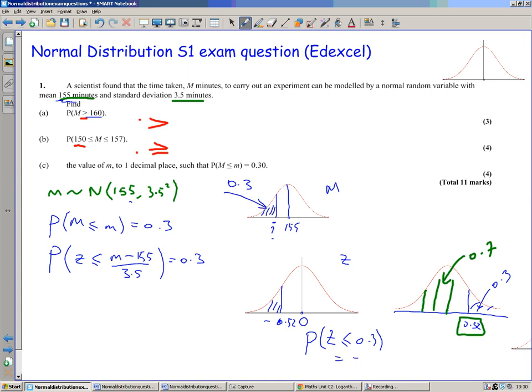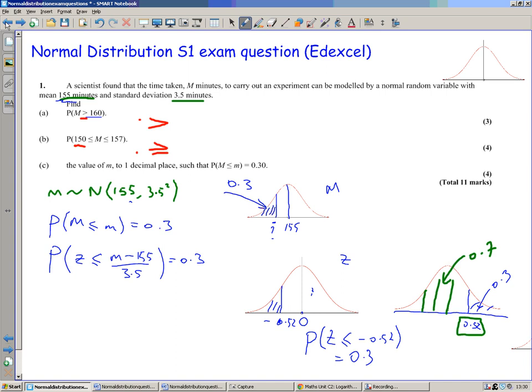Oh, wrong way around. That diagram is telling us that. That's what we fiddled around to find. This diagram here is telling us that the probability that z is less than or equal to minus 0.52 is 0.3, which is what we're looking for.